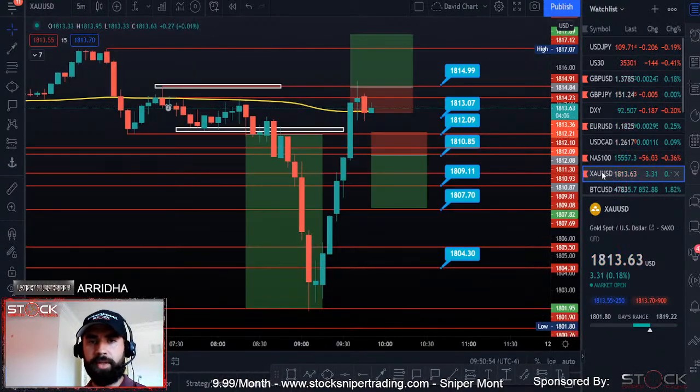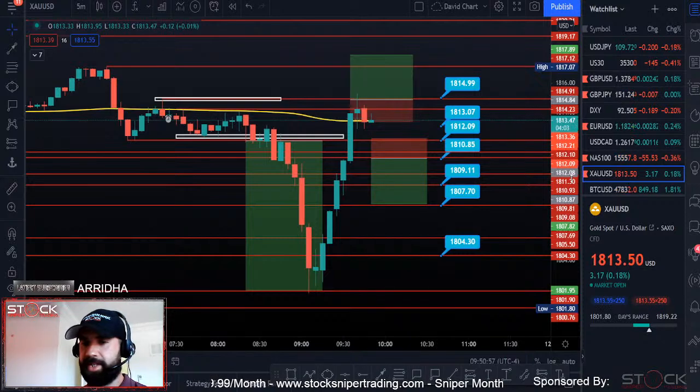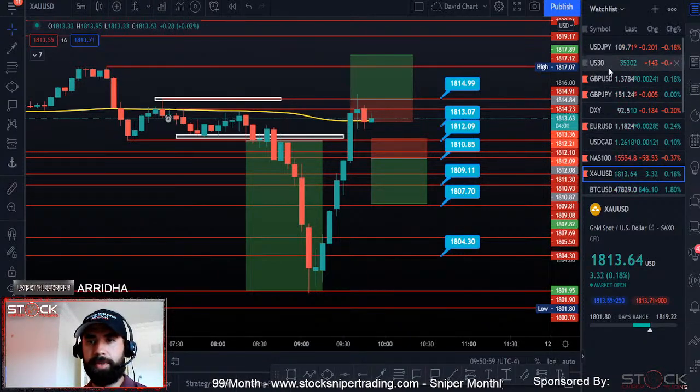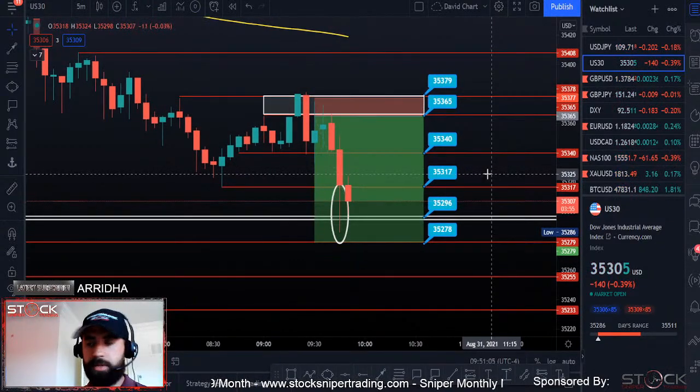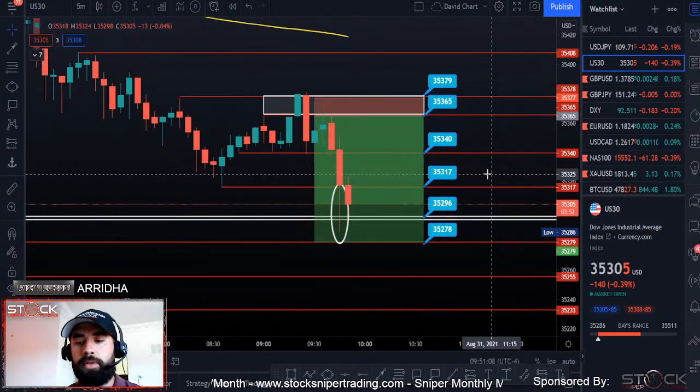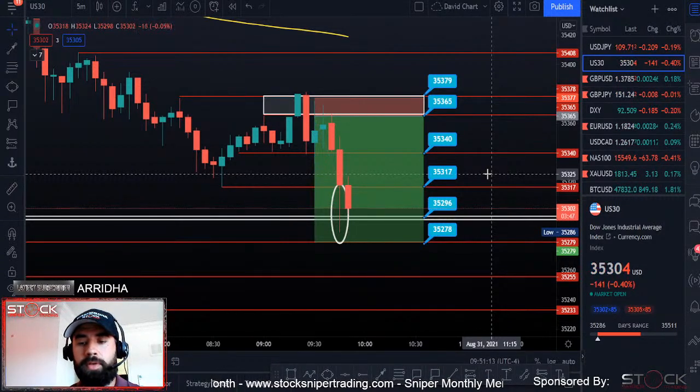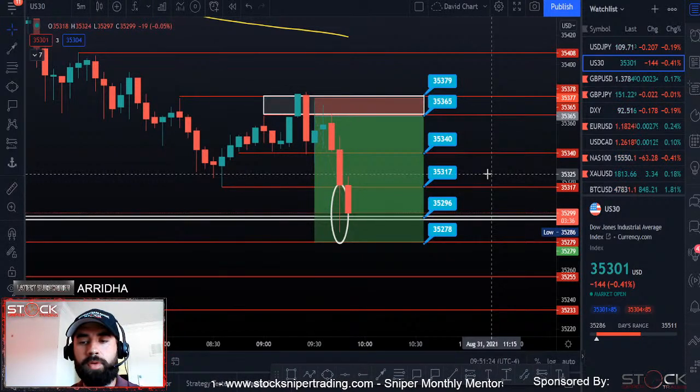And now we have gold. Okay, gold is not doing too much. We still have that 10 a.m. folder, so we'll wait and see what's going to happen there. But it seems like, okay, US 30, guys, is starting to fill that wick. Okay, let's wait and see here. See, there we go.